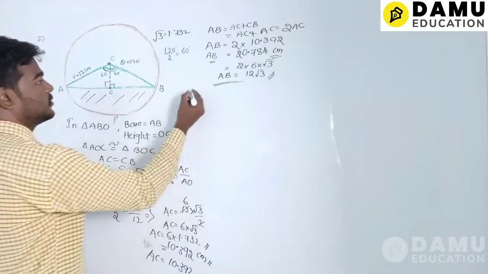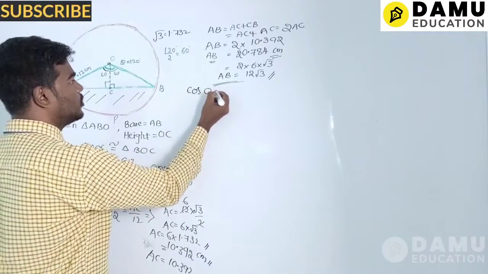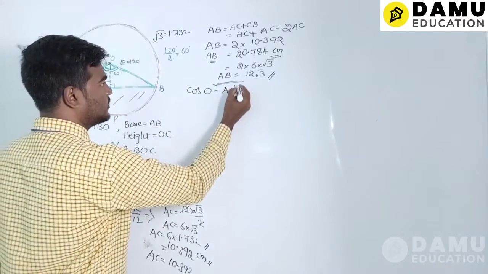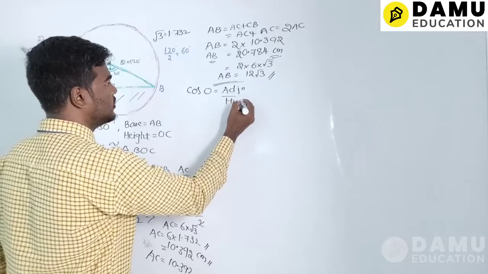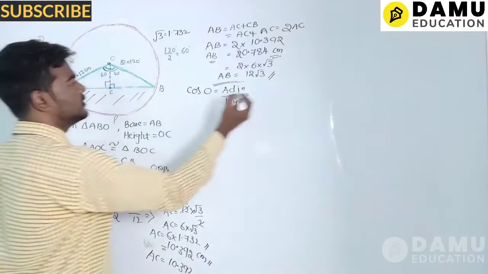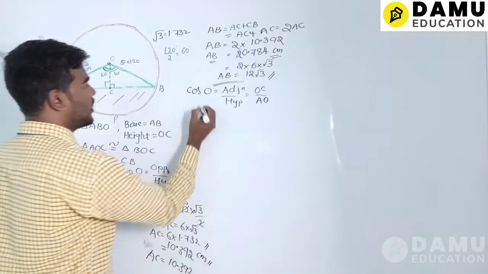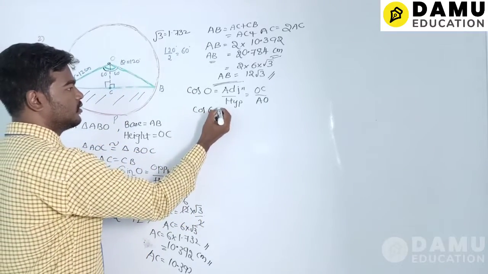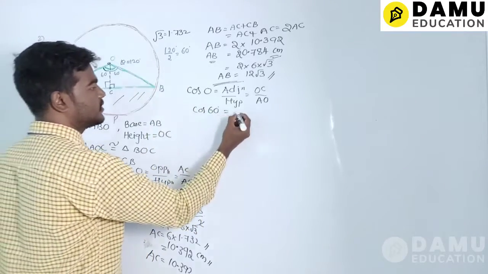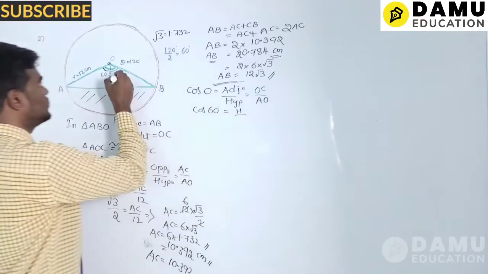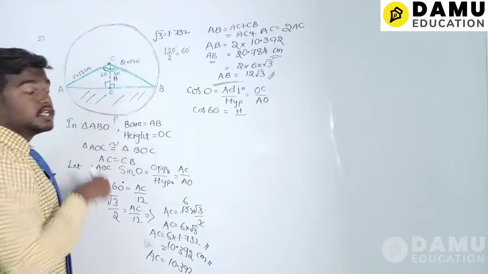Then what is the height? Let's consider cos O. Cos O means adjacent side by hypotenuse. The adjacent side is OC, and the hypotenuse is AO. So cos 60 in the same triangle; OC is the height, so let's take capital H as the height of the triangle.